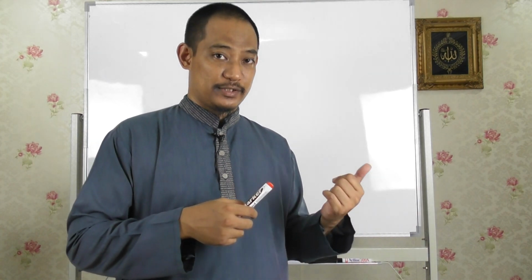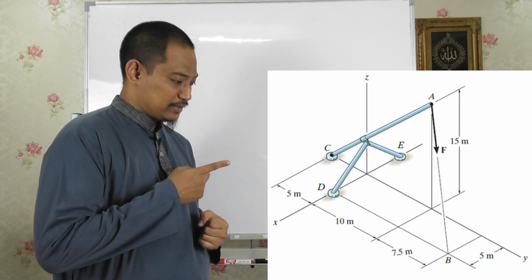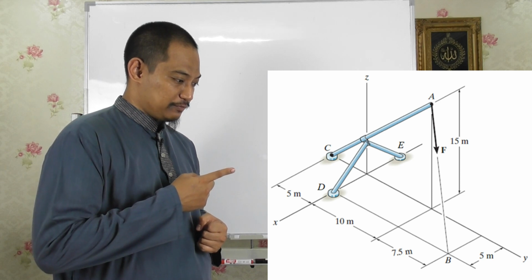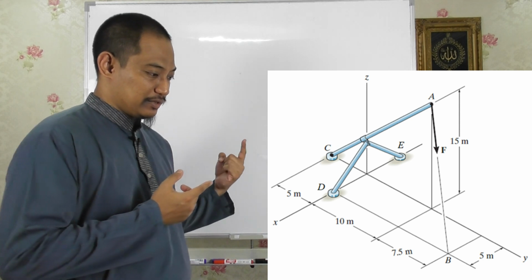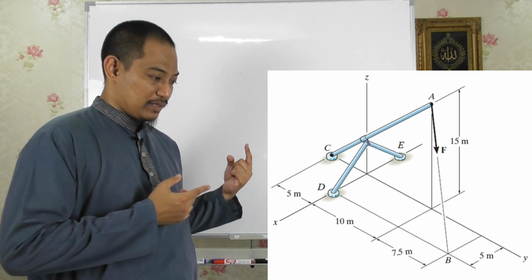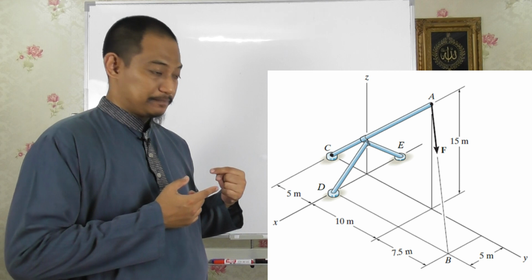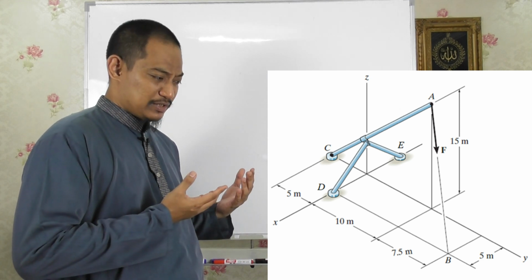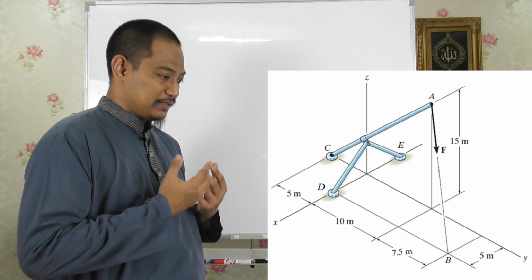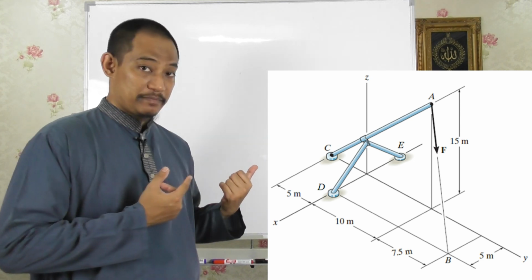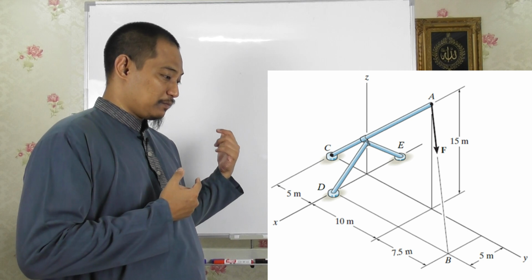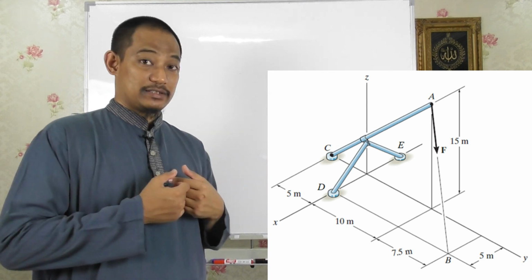So with that said, let's go for the first question. Okay, in the first question here you can see the diagram of the structure, and we are dealing with the force acting on the structure at point A, directed towards point B, right? With the given information, we have to express the force with the given magnitude of 350 Newton in Cartesian vector form.